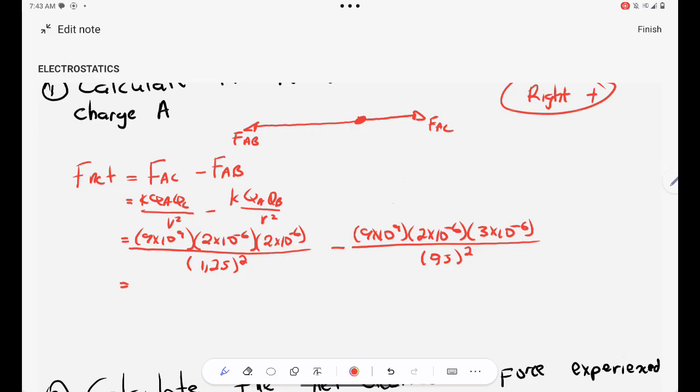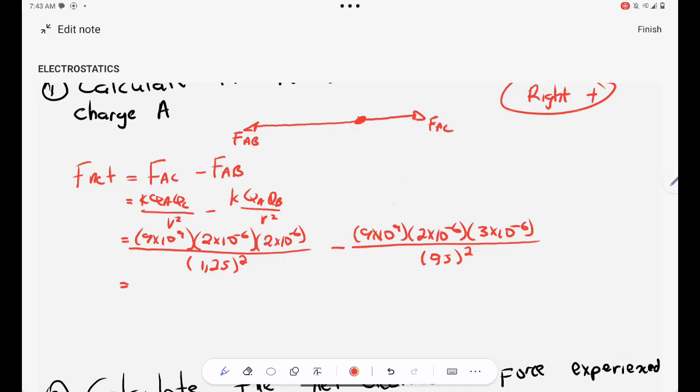9 times 10 to the power 9, times 2 times 10 to the power negative 6, times 2 times 10 to the power negative 6, all over 1.25 squared, minus 9 times 10 to the power 9, times 2 times 10 to the power negative 6, times 3 times 10 to the power negative 6, all divided by 0.5 squared.